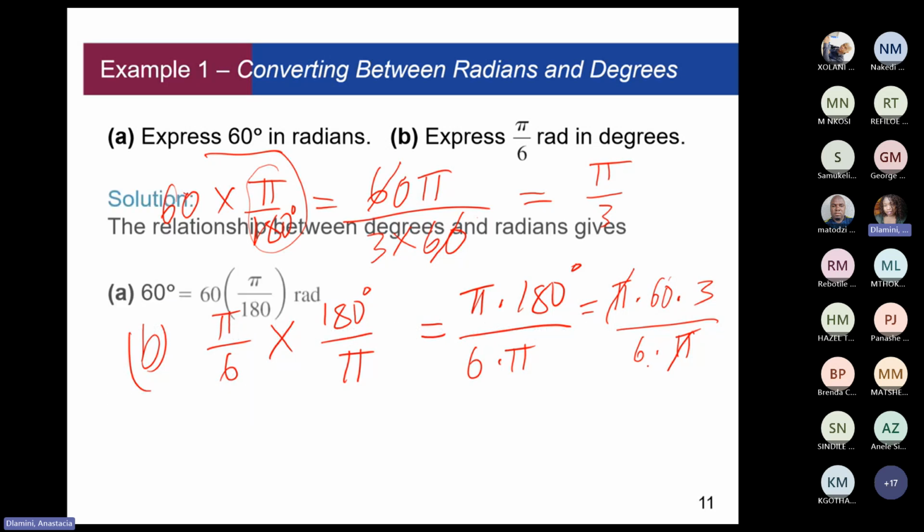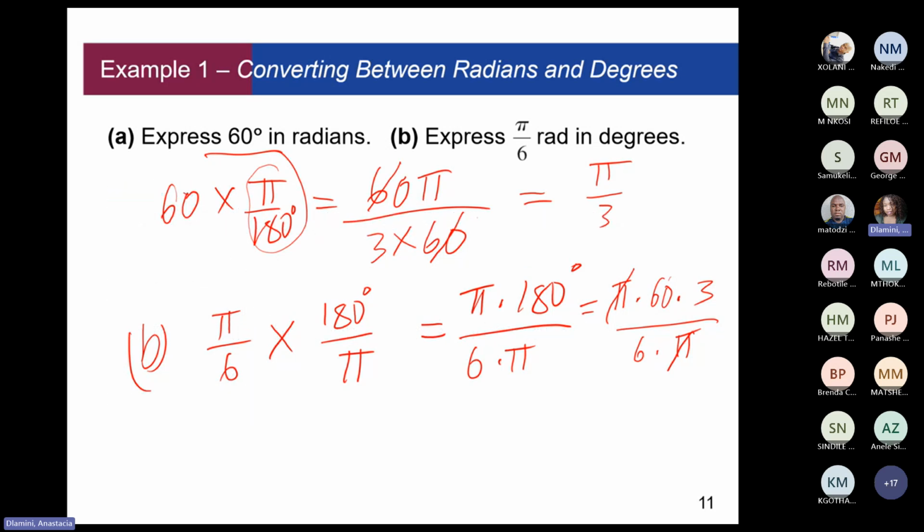So we know the reason why I'm doing it like this. I just want to show you how to solve without using a calculator. So pi and pi cancel, and you remain with 60 times 3 over 6.